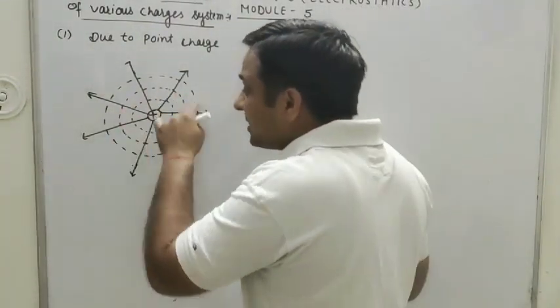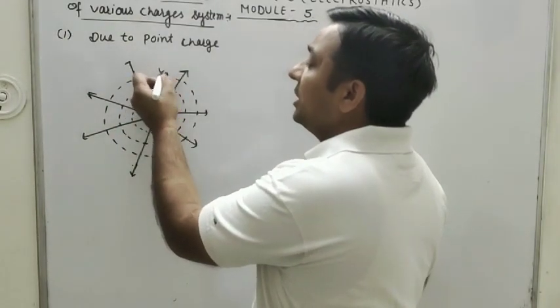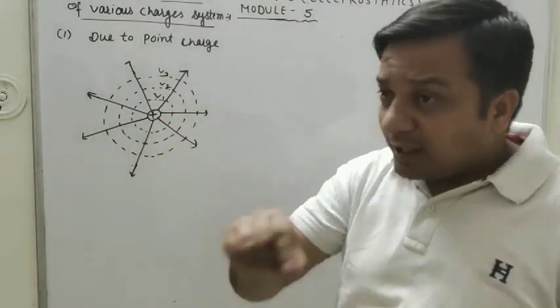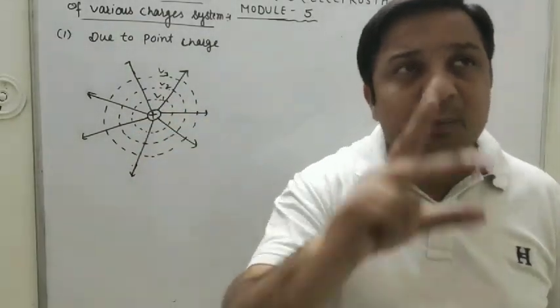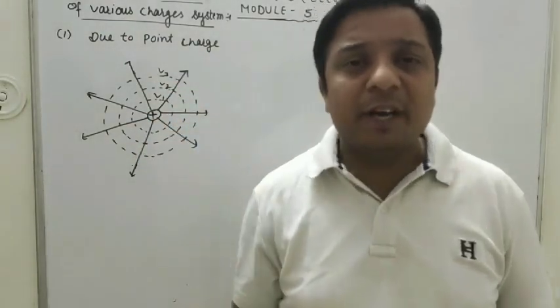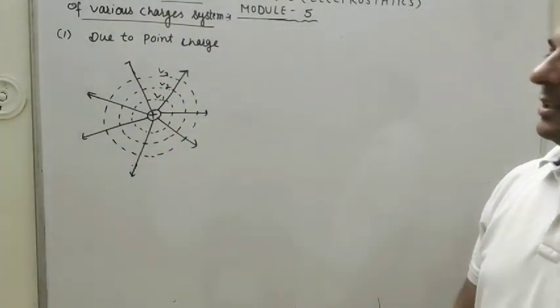This is V1, this is V2, this is V3. These are the three equipotential surfaces. At V1, every point on the circle has the same potential; on V2, every point has the same potential; and on V3, every point has the same potential.